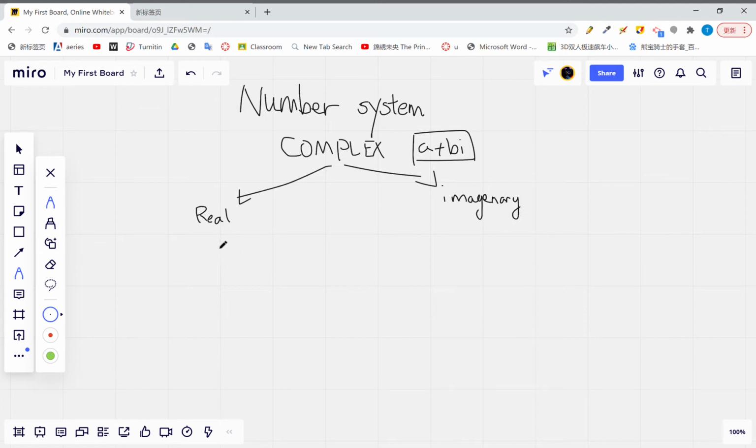Real number is every number except i. So i is the only imaginary number. And real numbers include a lot of things. Real numbers can be expressed mainly as positive and negative, okay?